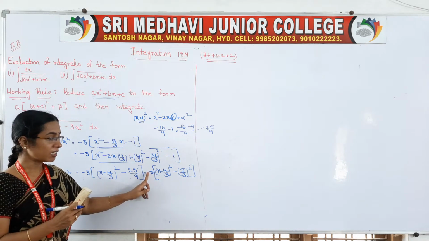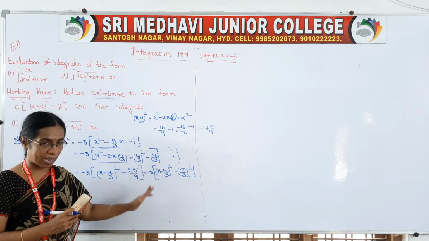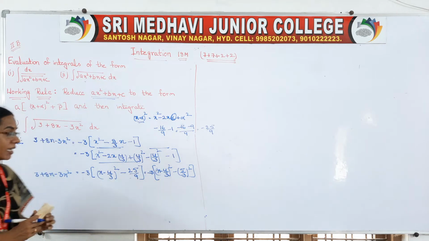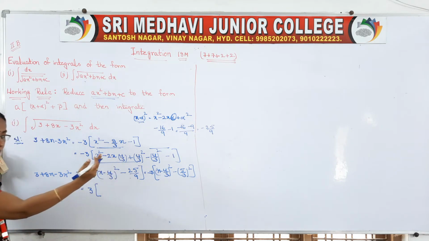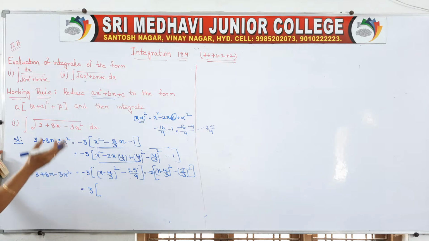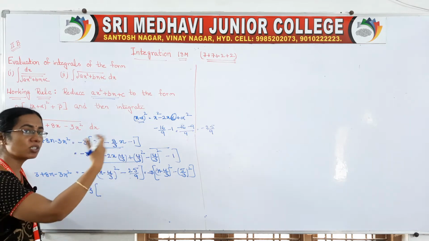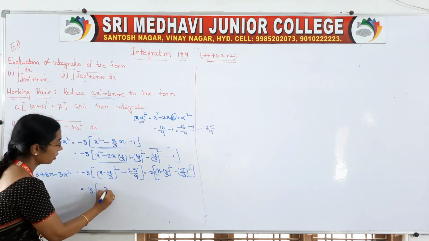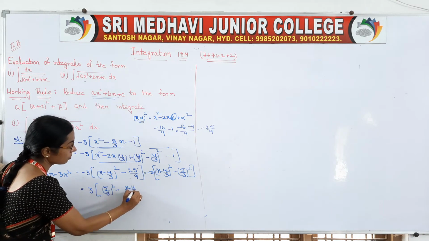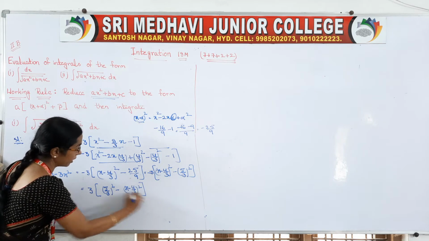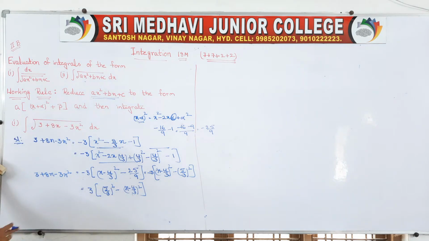That's why you send this minus sign inside. Keep this 3 as it is and send the minus sign inside the brackets. Then what happens? 3 into minus value. If we send negative sign inside, negative value becomes positive, positive value becomes negative. So your value will be 5 by 3 whole square minus x minus 4 by 3 whole square. Okay, so this is your value. Now for this we have to take a square root, we have to solve the integral.